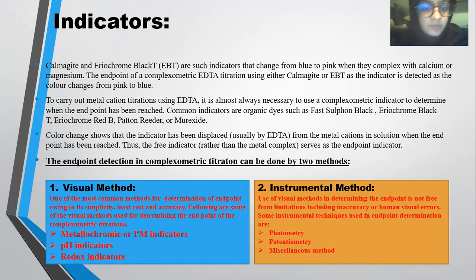The endpoint of the complexometric titration is shown when the color changes in the solution while doing the titration. You will see the endpoint in the coming video. So the endpoint for a complexometric EDTA titration using either Calmagite or EBT as the indicator is detected by the color change from blue.